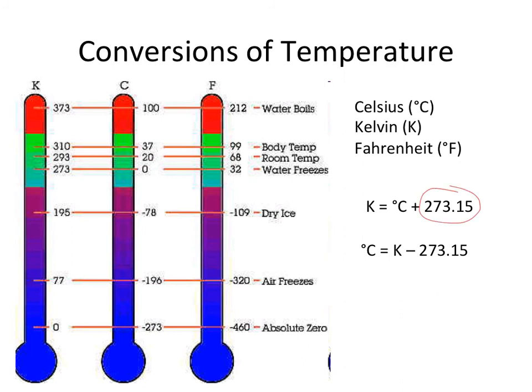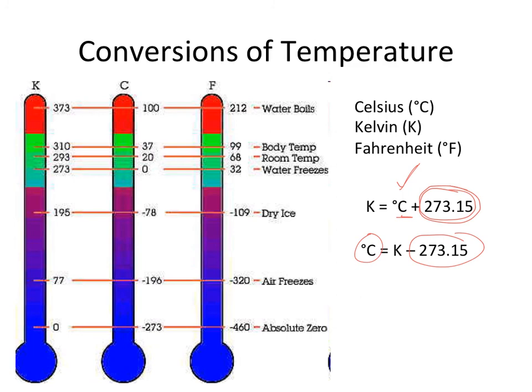So if I know my temperature in Celsius and I want to get into Kelvin, I am going to add 273.15 to the temperature in Celsius. That will then give me my temperature in Kelvin. Additionally, guys, if I want to convert into Celsius from Kelvin, I need to subtract out the 273.15. So very simple.